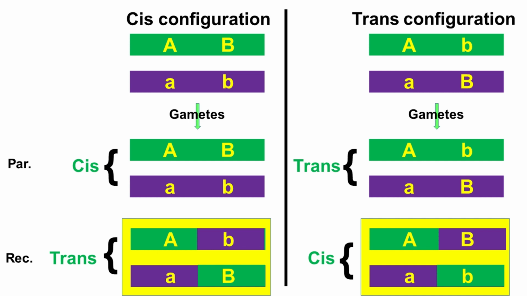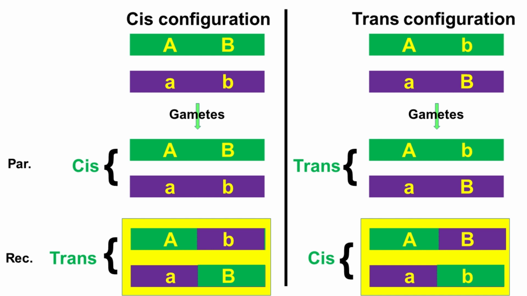According to gene linkage, there are two types of gene arrangements: cis configuration and trans configuration, along with their implications for gamete production. On the left, we have the cis configuration. In this setup, the two dominant alleles A and B are located on the same chromosome, while the recessive alleles a and b are on the homologous chromosome.